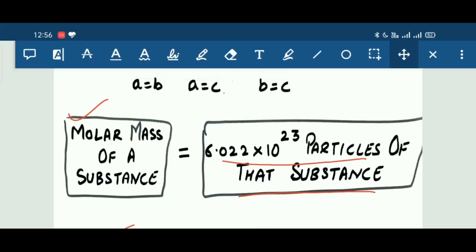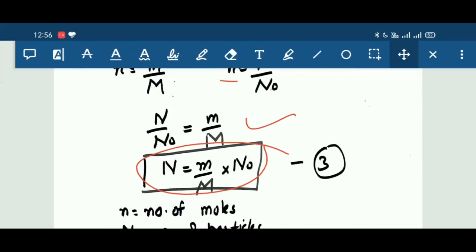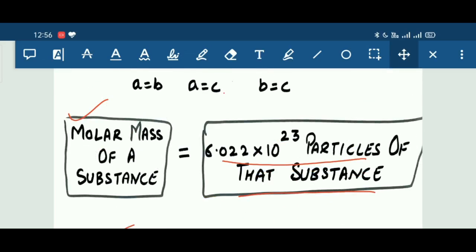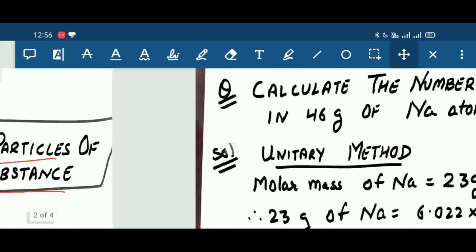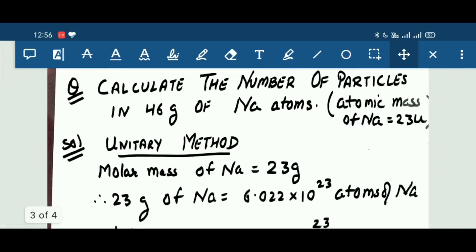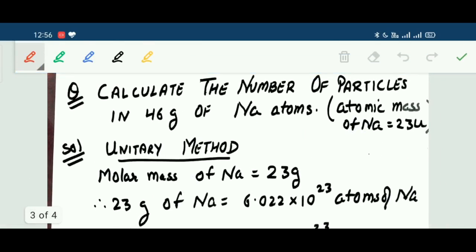Now, using this relation or this formula, we will solve some numericals in which we have to find either the number of particles from the mass or vice versa. So question number 1. Calculate the number of particles in 46 gram of sodium atoms.